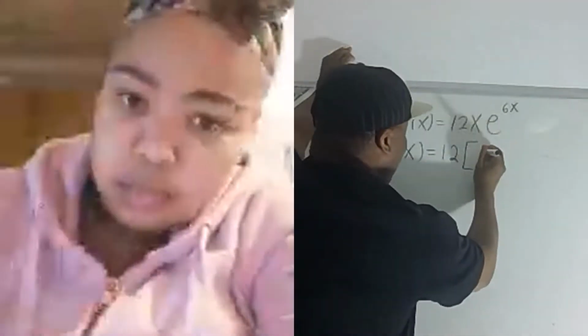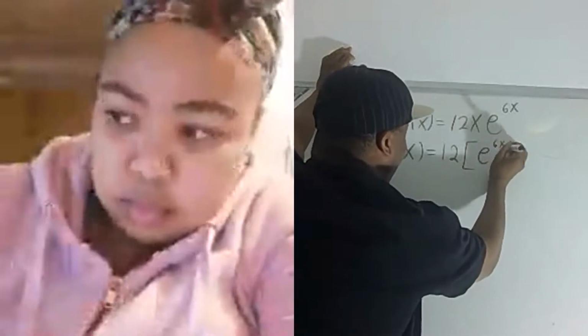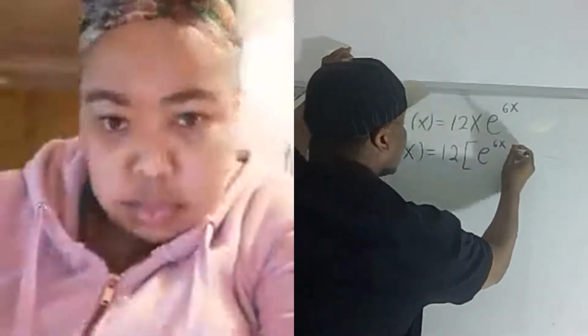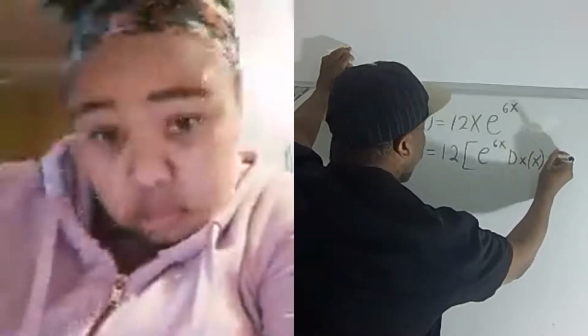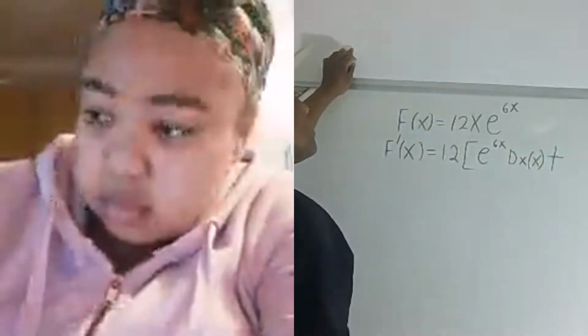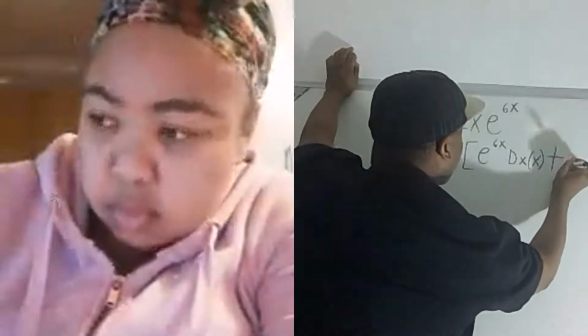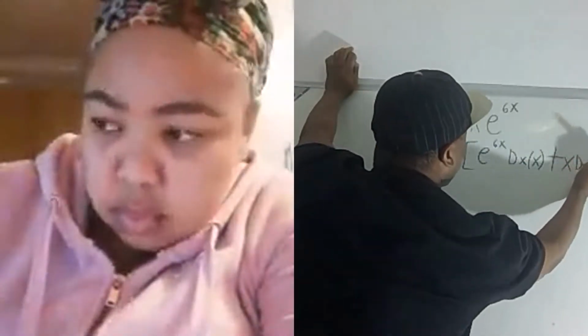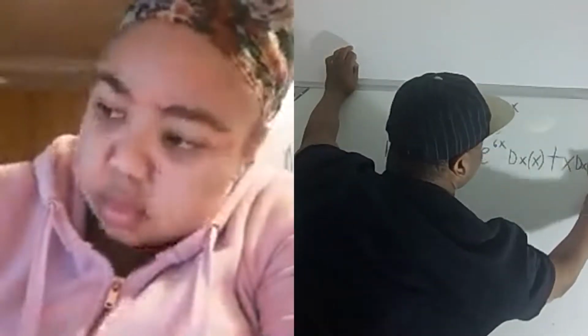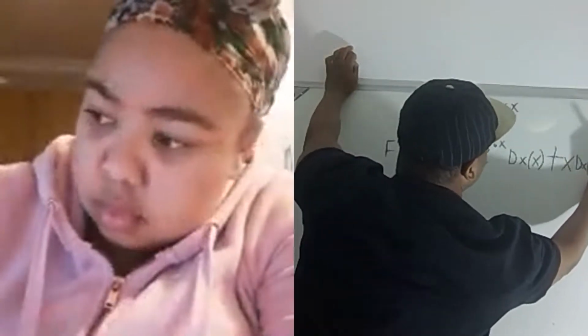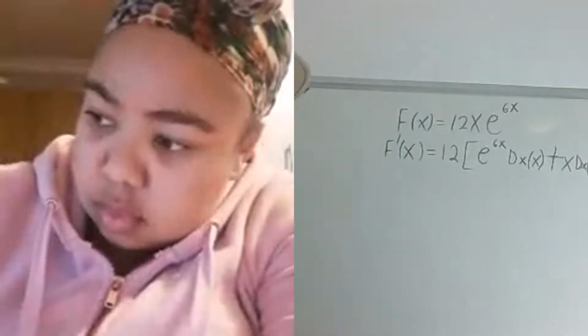The second function is constant, and I differentiate x. Then plus, now x is constant, and I differentiate e^(6x). Do you understand?